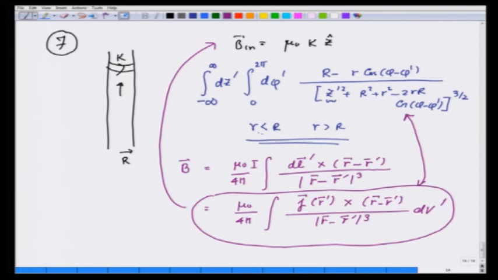What I will do in this problem is, since this is translationally invariant in the z direction, no matter at what value of z I calculate, the magnetic field is going to be the same. So, I will calculate the magnetic field at z equal to 0, which makes my life a little easy.